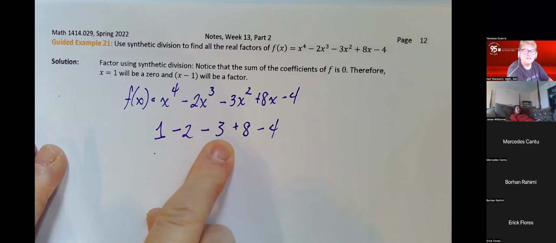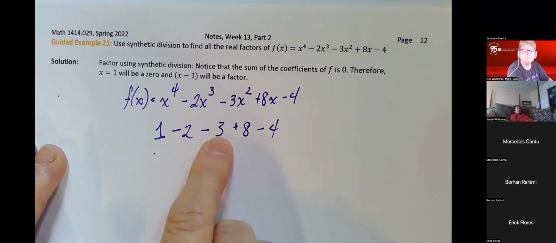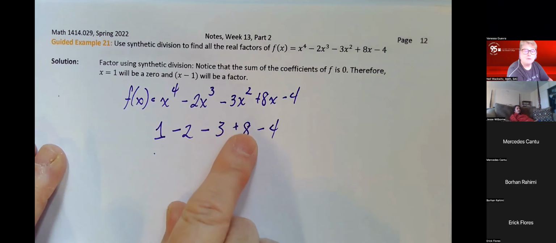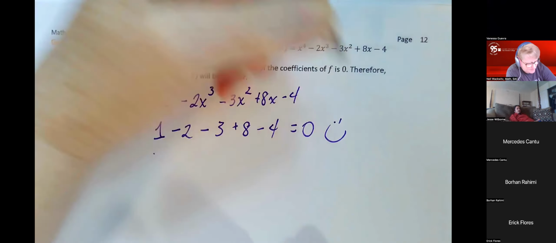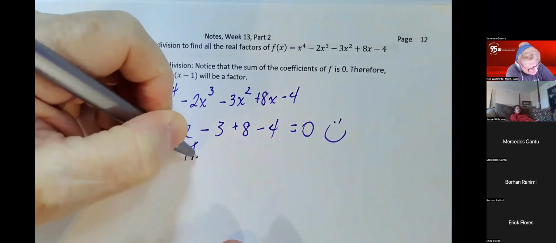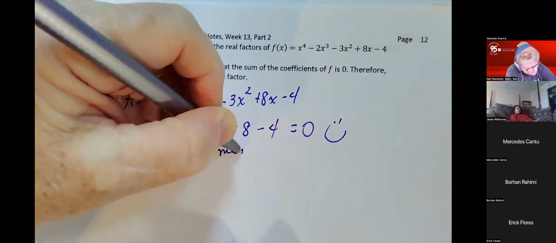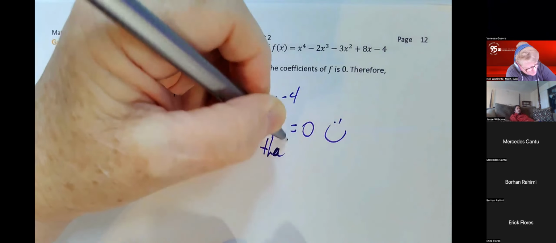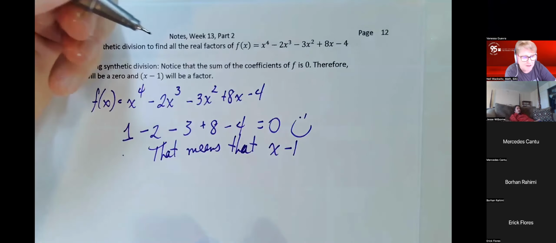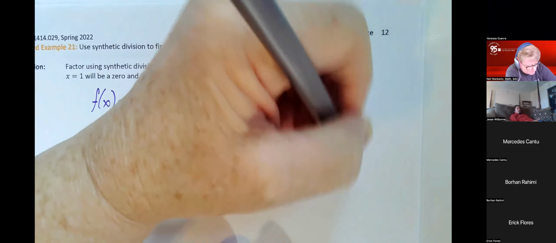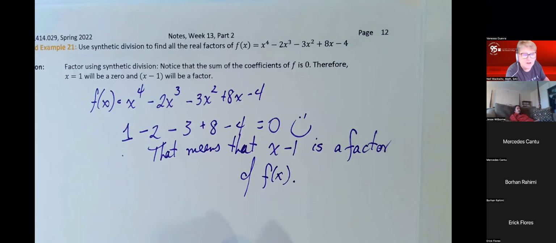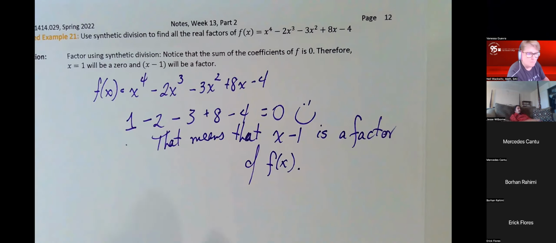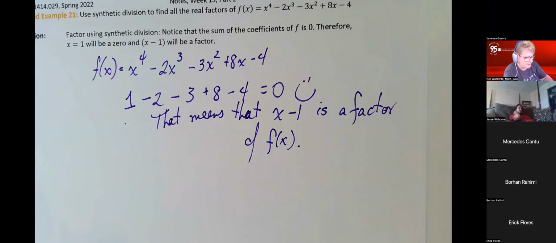Good. -1 minus 3 is -4. Good. -4 plus 8 is 4. Good. And 4 minus 4 is 0. That means that x minus 1 is a factor of f of x. So we're going to use it to start whittling down our f of x.